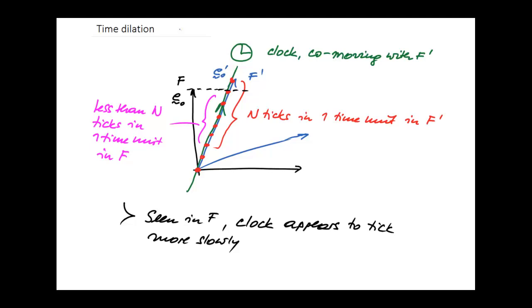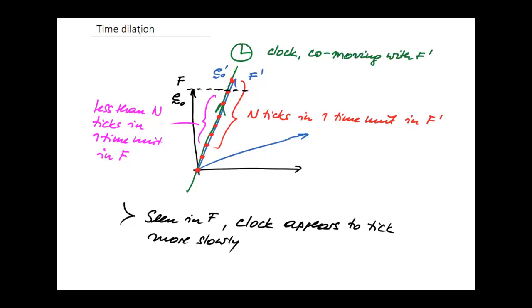So the observer f sees that the clock ticks at a rate of less than n ticks per time unit. And therefore, for observer f, the clock appears to tick more slowly.